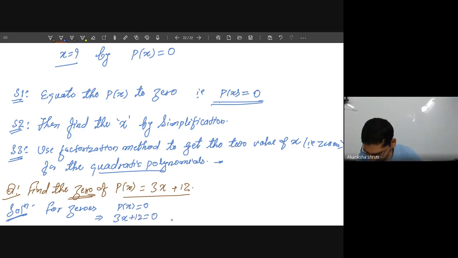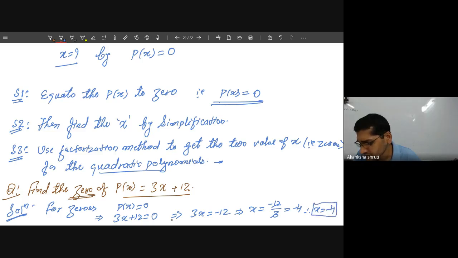So just keep this x on one side and send the constant on other side. 3x is equals to minus of 12. So what is value of x? Minus of 12 by 3. Cancel it. It is minus of 4. So therefore x equals to minus 4 is a 0.